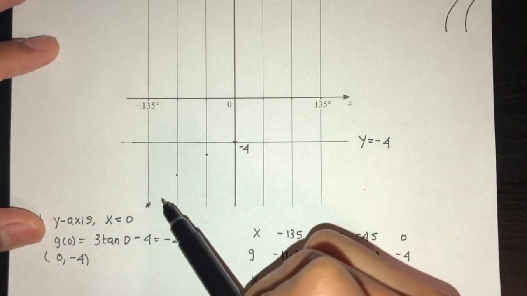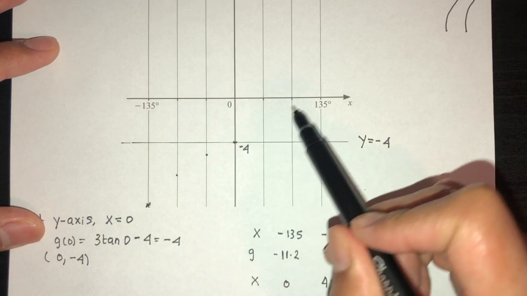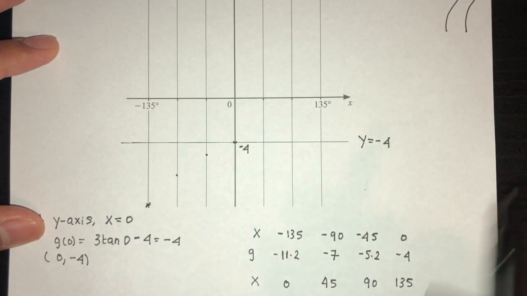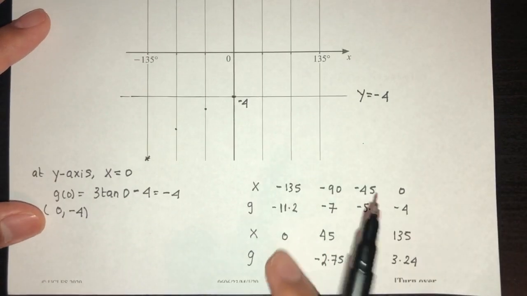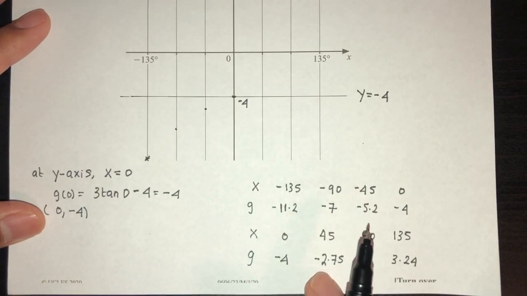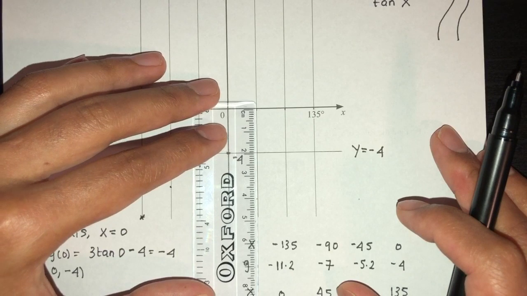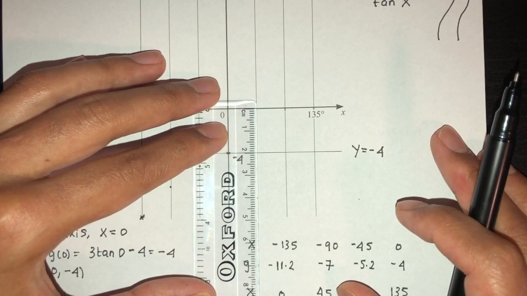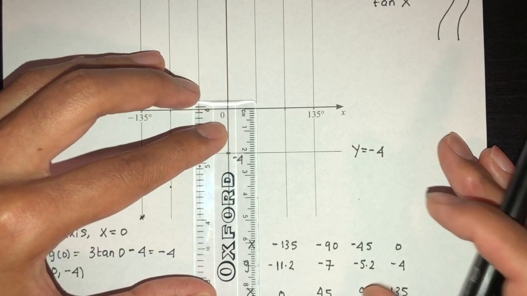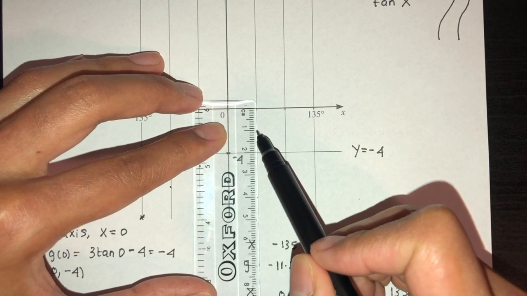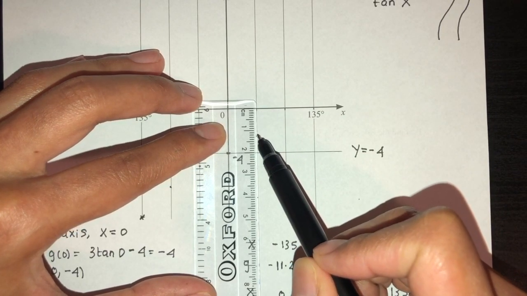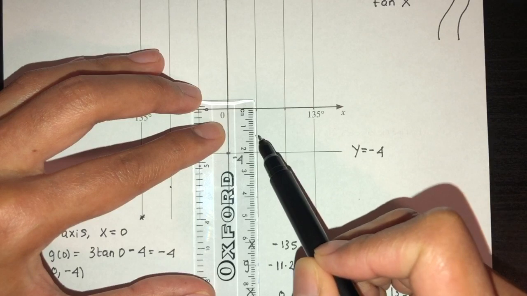Okay, so as you can see, we have this. Should be the same thing on this side. So let's try. On this side we have 0 is done. So we have 45 will be minus 2.7. So 45 is this one, so this is minus 2.7, should be about here.